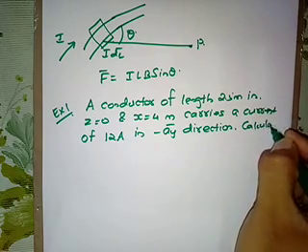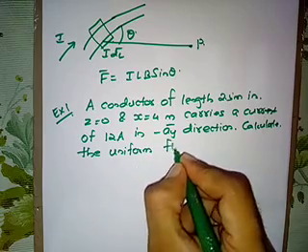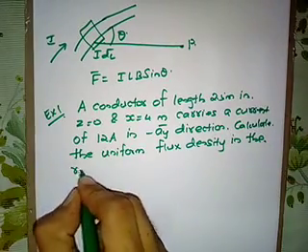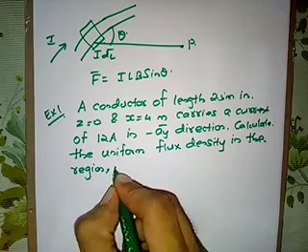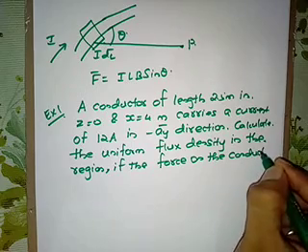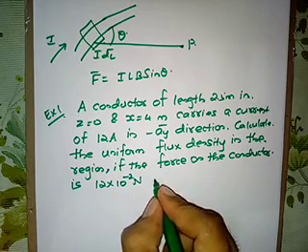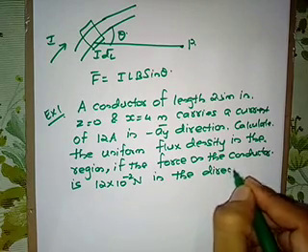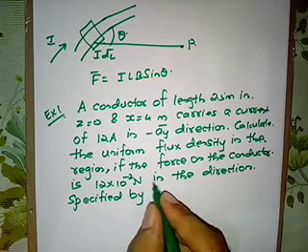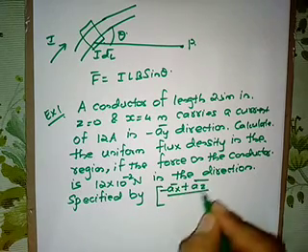Calculate the uniform flux density in the region if the force on the conductor is 12 into 10 raised to minus 2 newton in the direction specified by minus a_x bar plus a_z bar divided by root 2.